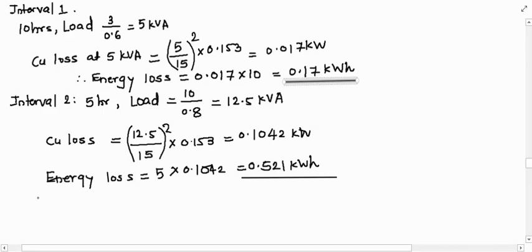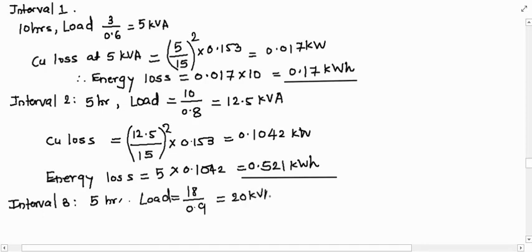Now come to interval 3. In the same manner we have to proceed for the other intervals also. Interval 3, I will write down 5 hours. Load is 18 divided by 0.9 equals 20 kVA.